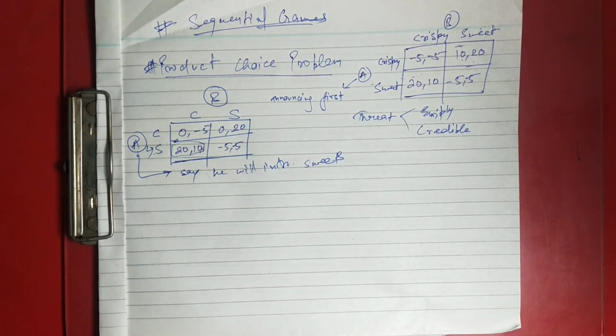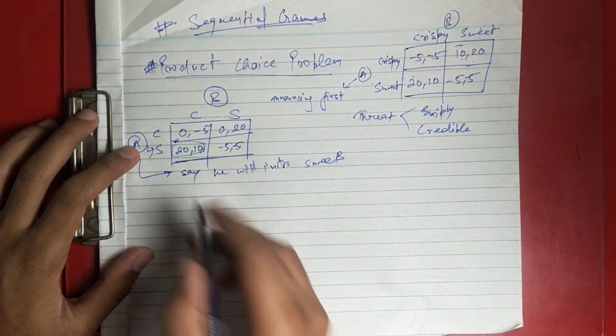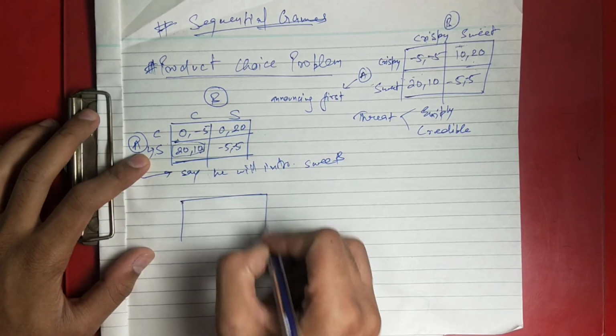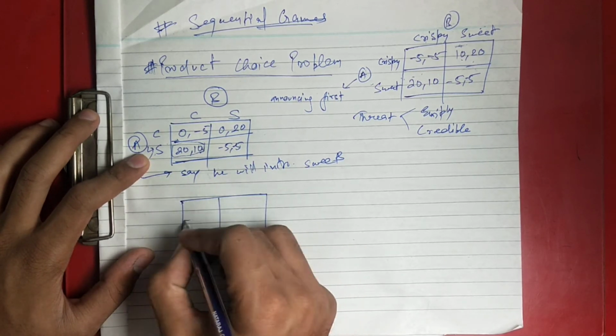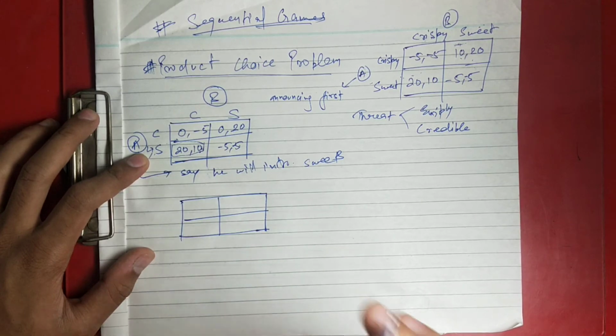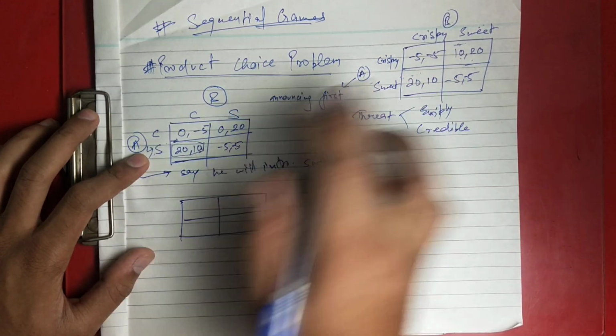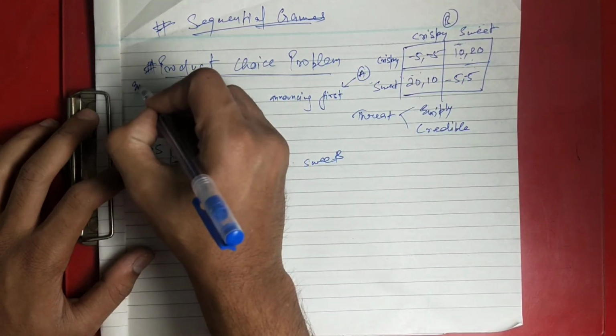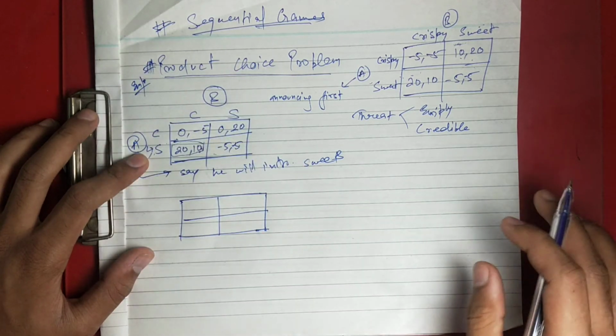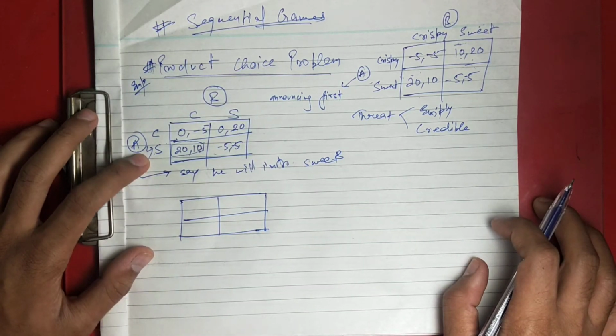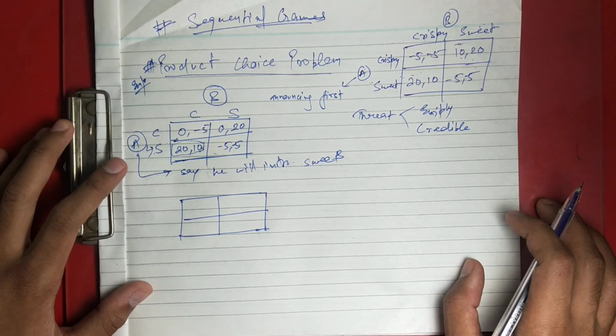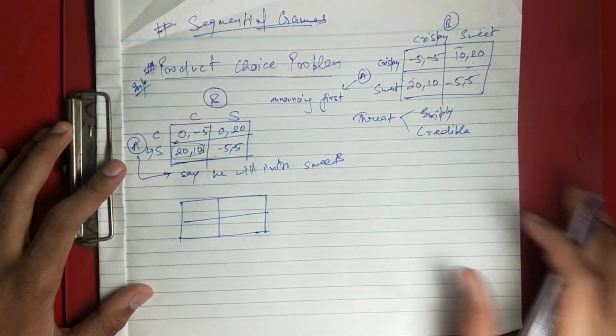So I hope you have understood this concept, and I'll give you just one more example of how you would convert an empty threat into a credible one. This is an important topic for the exam. It's a hot topic for the exam, so learn it properly.